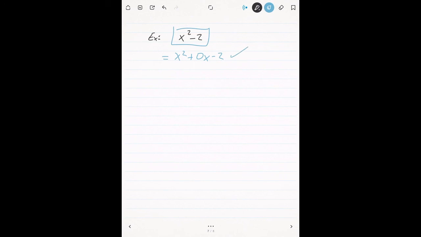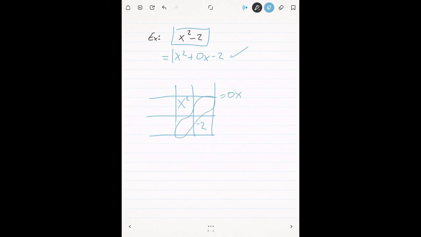All right, let's set up the box method because its leading coefficient is a 1. We can set up the box method. And once we have the box set up, we can go ahead and say we need to multiply to get x squared and to get negative 2, but add here to get 0x.